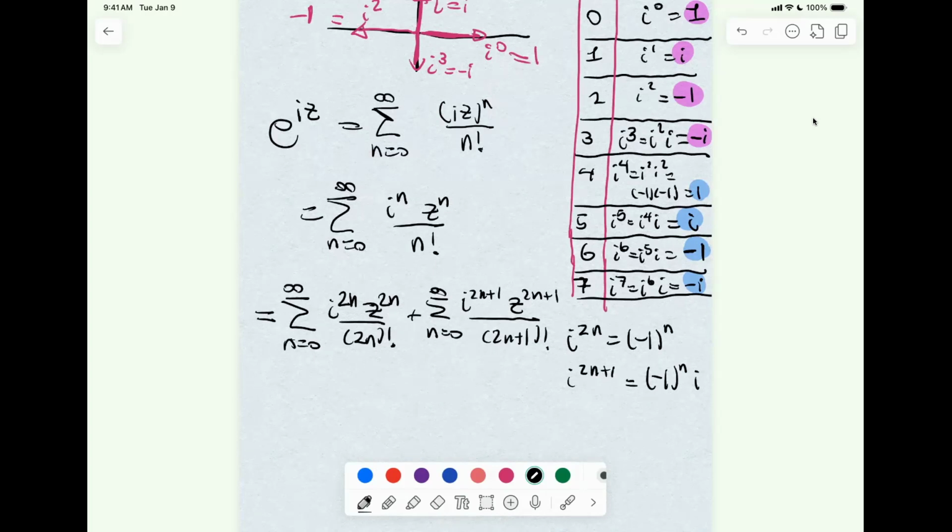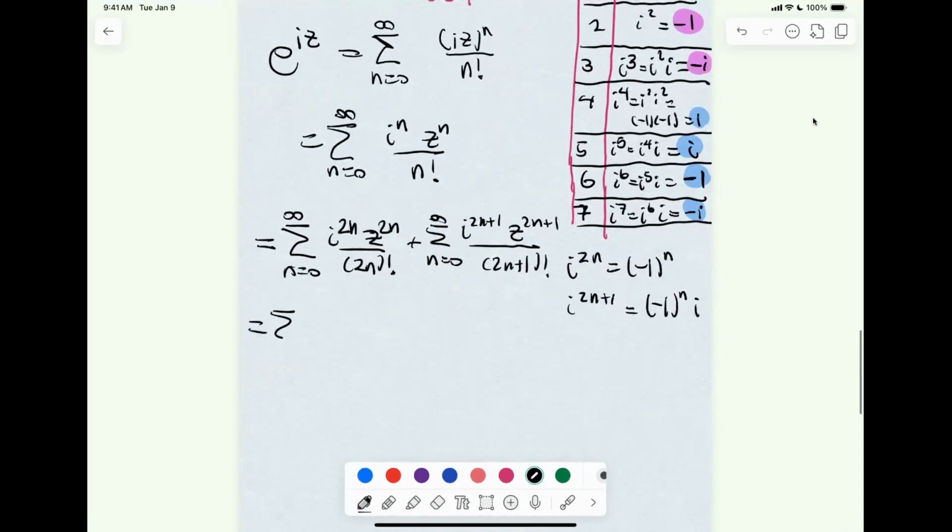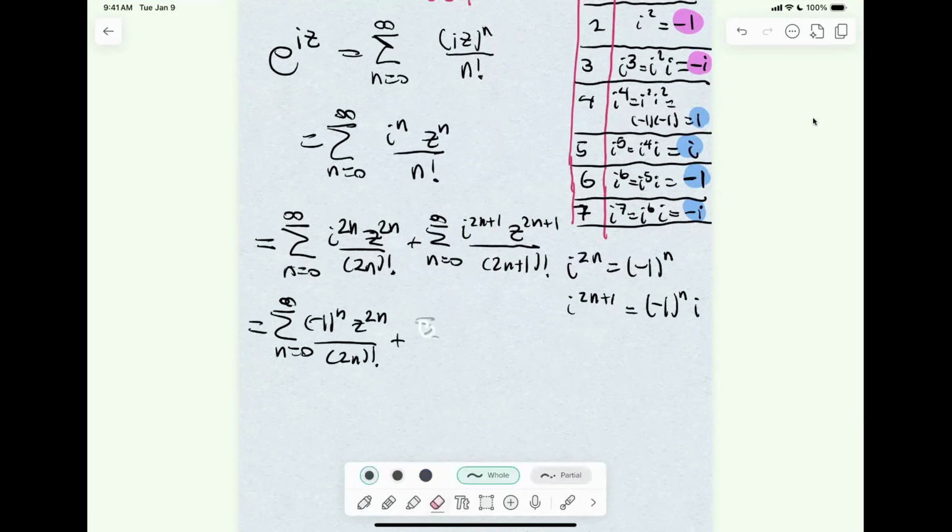Well, we're almost there, because based on this formula, this gives you -1 to the n, z to the 2n over 2n factorial, plus, and let's take out the i, because everything in the odd case is multiplied by i. I'll put some color so that it's a little easier to track.